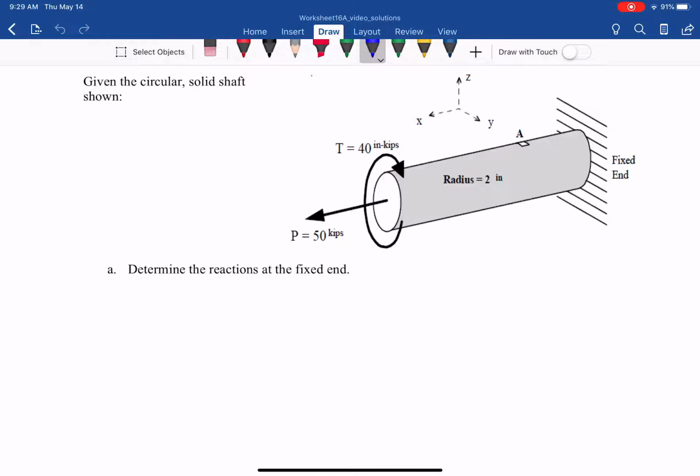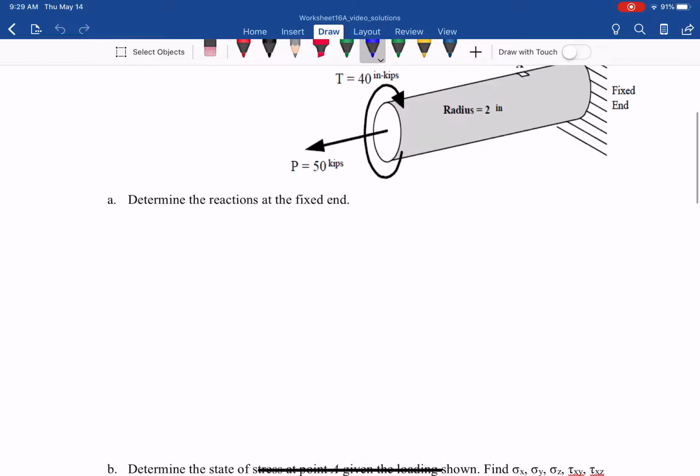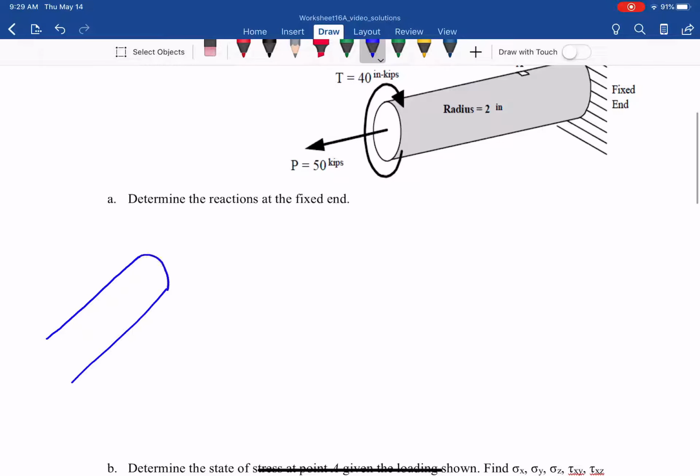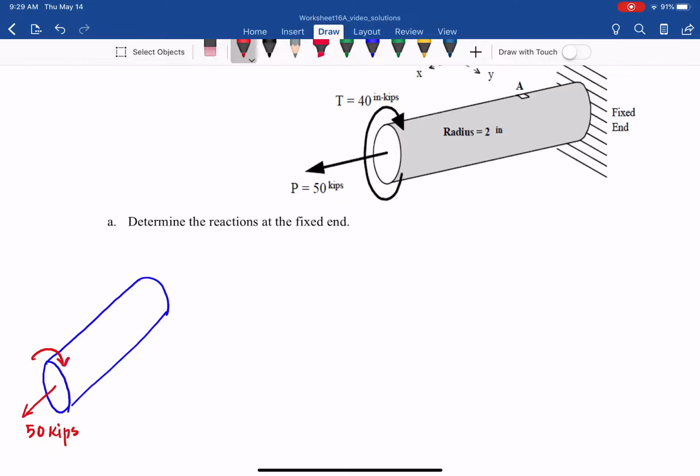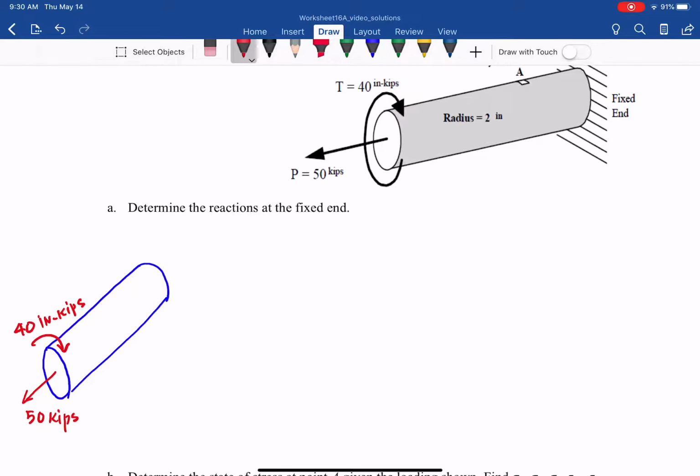Free body diagram, with XYZ axes. Here we have the axial load P of 50 kips, and a torsion of 40 inch-kips at one end. The question is what the reaction at the fixed end is.